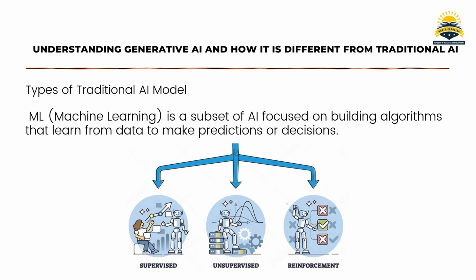For example, it's like sorting a box of mixed photos into groups by similarities, without knowing what each photo represents. Reinforcement learning trains a model through rewards and penalties for actions. For example, it's like teaching a robot to navigate a maze by rewarding it for finding the correct path and penalizing it for hitting walls.